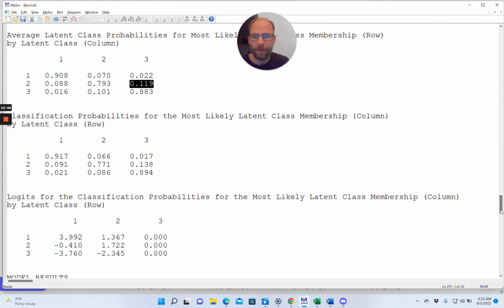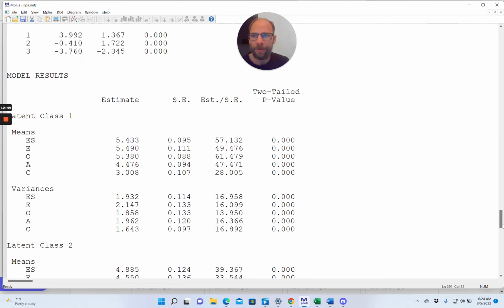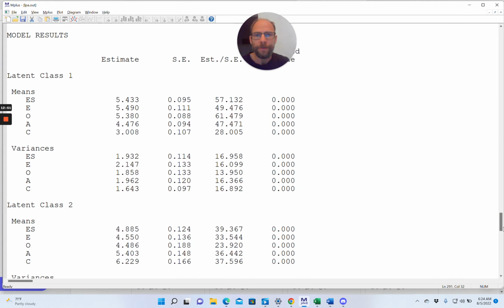Okay, let's go down a little bit, and then at the end you get the model results. The model results essentially in latent profile analysis are the estimates of the class-specific means. That is the key parameter that we look at in a latent profile analysis: what do the means look like across these continuous observed variables across different classes.